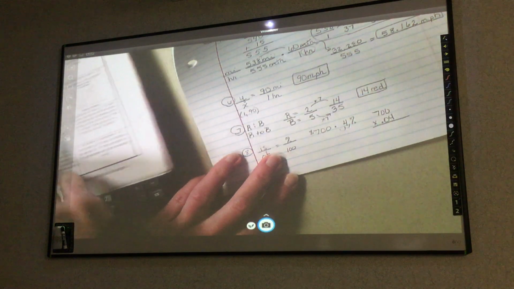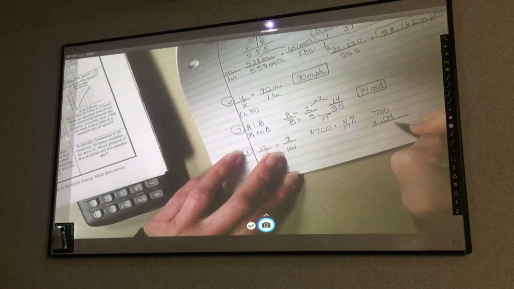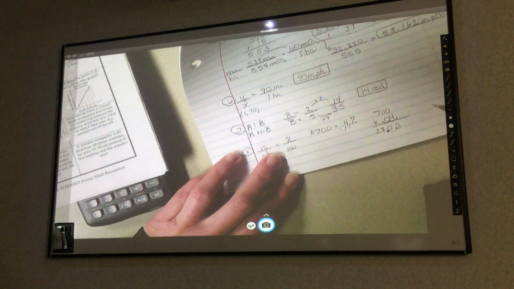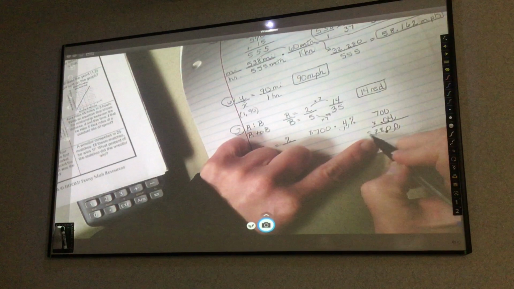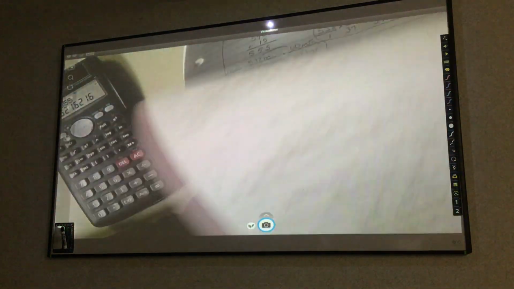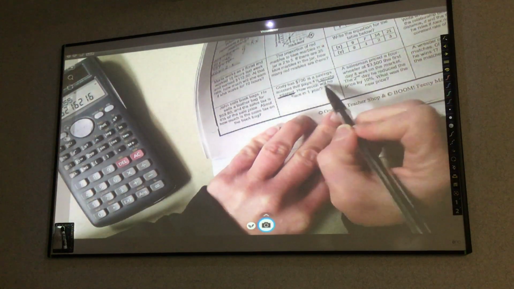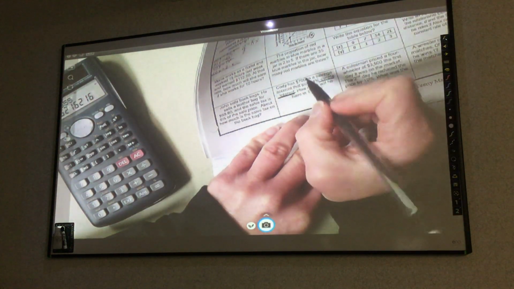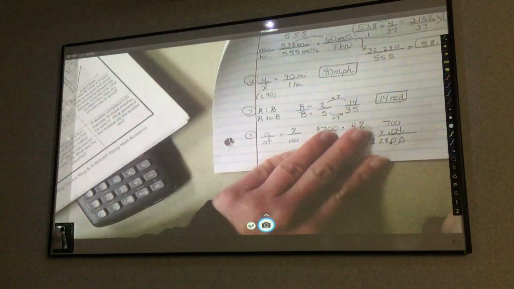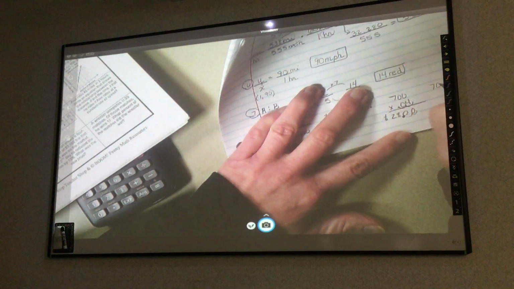And do my math. 28, 2 decimal places. So he earns $28 for the 4%. But my question asks, how much will he have in 1 year? So I have $700, so I have to add my $28. So he has $728.